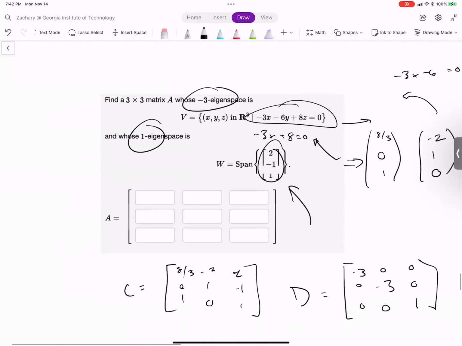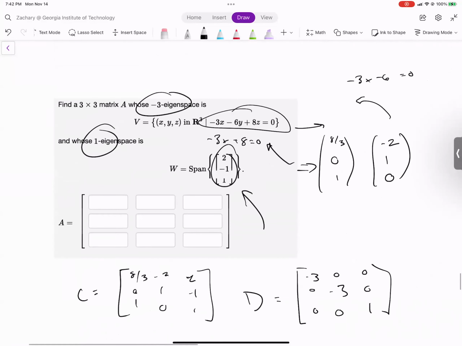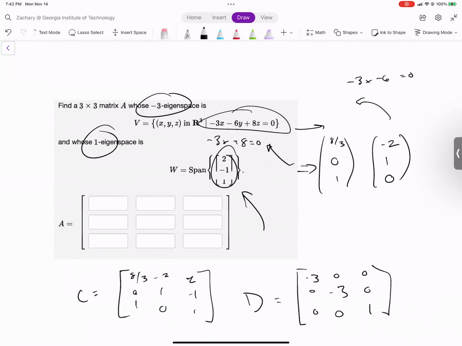D was found here just because we knew our eigenvalues. We just plot them on. It was given, I believe, right here: 1 eigenspace and -3 eigenspace. So that corresponds to your lambda. Because it has a dimension of 2, you also know the algebraic multiplicity of these 2, which fills in the 2 spots. Okay. Cool.